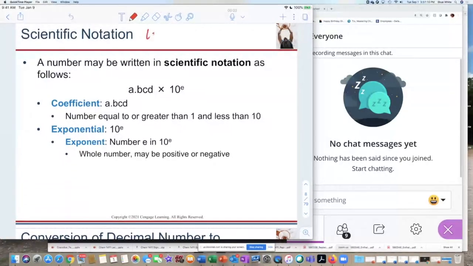If you have very large or very small numbers, we tend to use scientific notation so that we can minimize errors. So the goal of using scientific notation is to minimize errors.